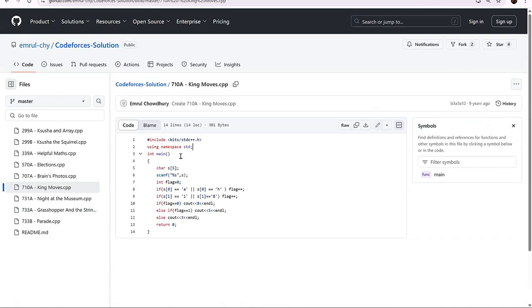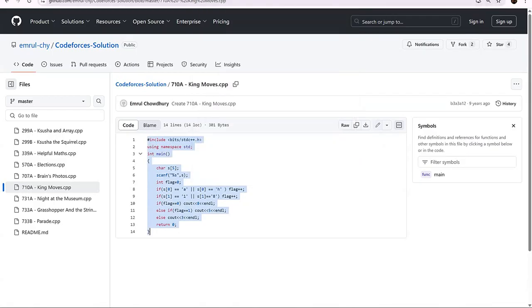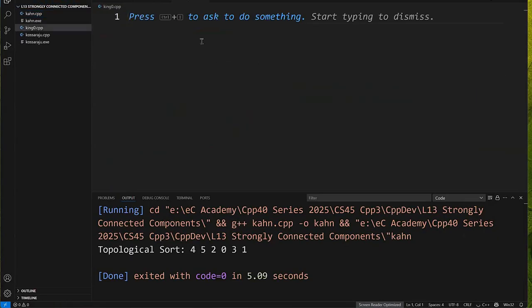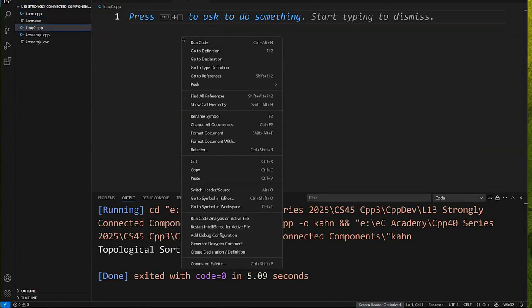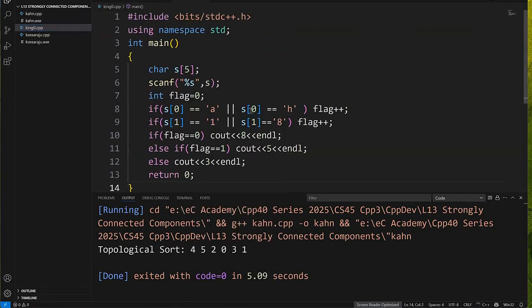This one just checks for one step, so it's pretty easy. I should just copy it. Let's call it king0.cpp. It basically just checks the nearby locations. If it's not out of bound, then you will increase the count, okay?